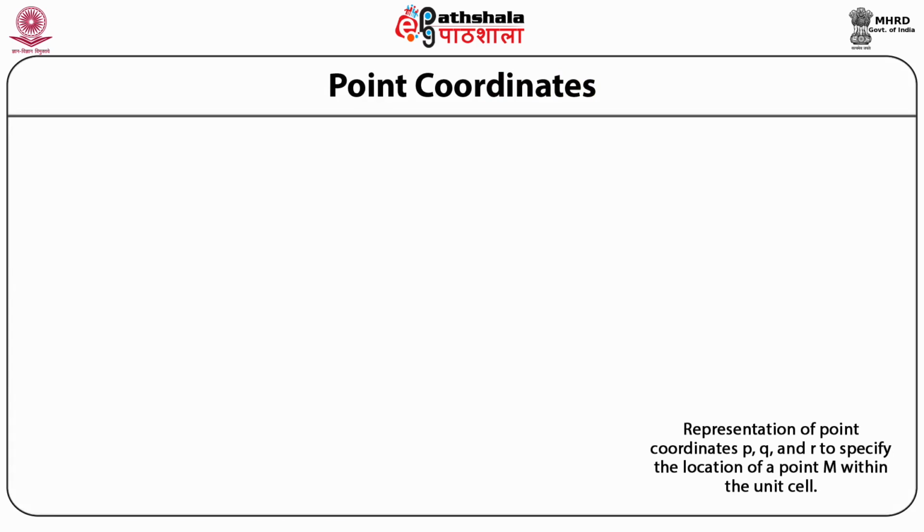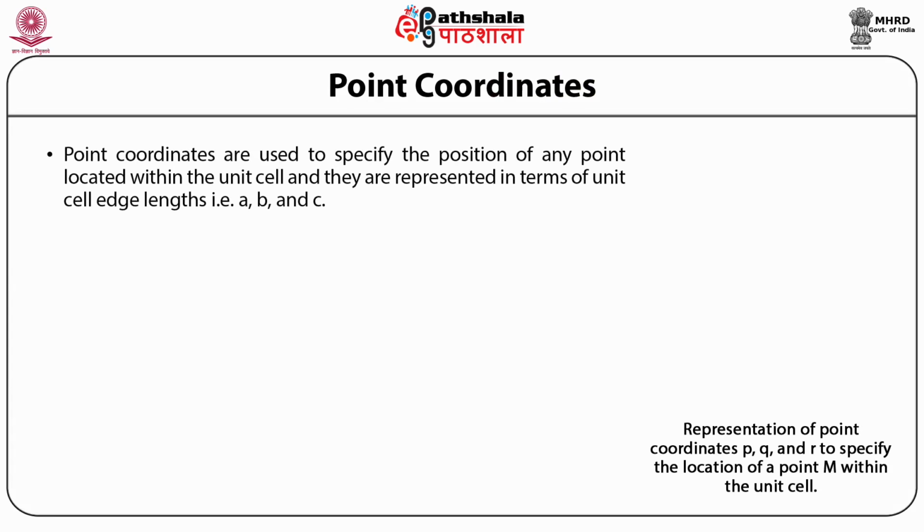Point coordinates. Point coordinates are used to specify the position of any point located within the unit cell, and they are represented in terms of unit cell edge lengths, that is a, b, and c. Let us consider a point M within the unit cell shown in the figure below.